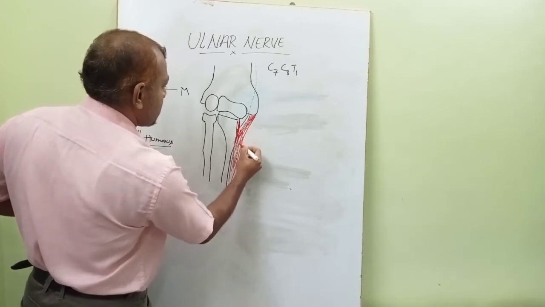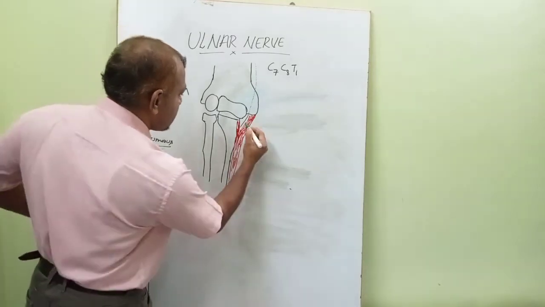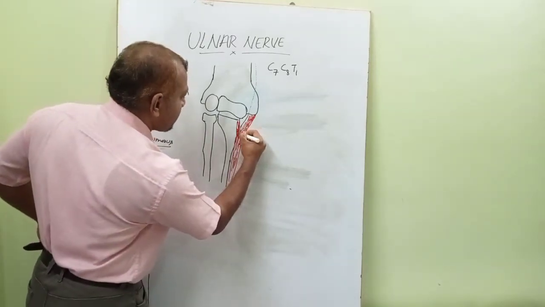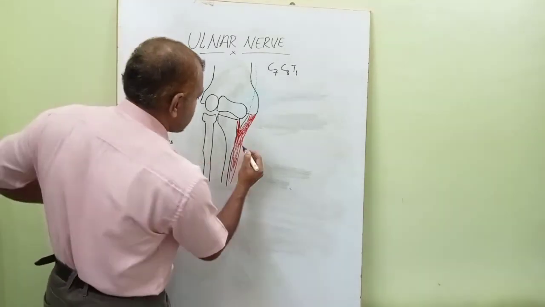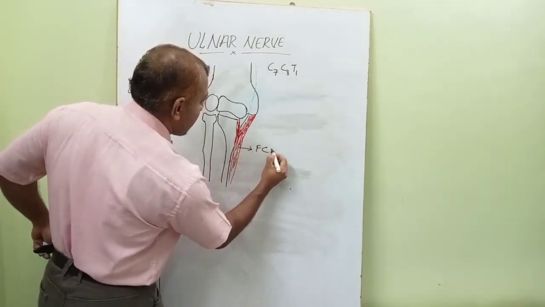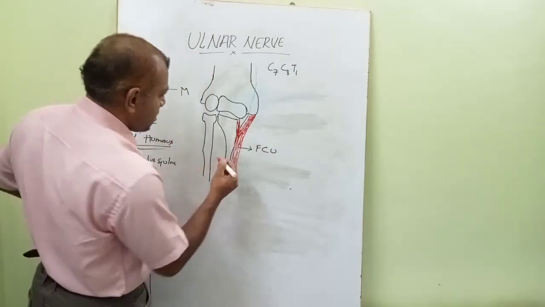And then this ulnar nerve is running deep to this flexor carpi ulnaris. Okay, remember that it is running deep to this flexor carpi ulnaris. And there is another muscle which is present deep to it.